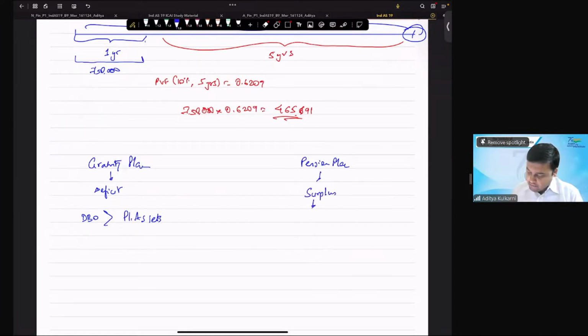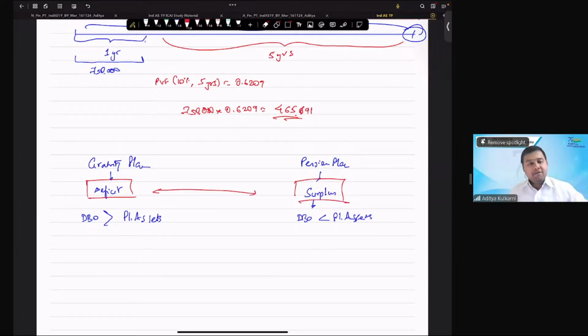Surplus means my obligation is less than the plan assets. So in your balance sheet, as we saw in the previous point, this has to be done on a plan-wise basis. So I have a deficit here and a surplus here. The question is, can I set off these two, the deficit of one plan against the surplus of the other, and present a single net figure? That is the question.